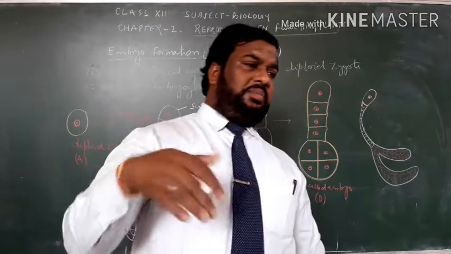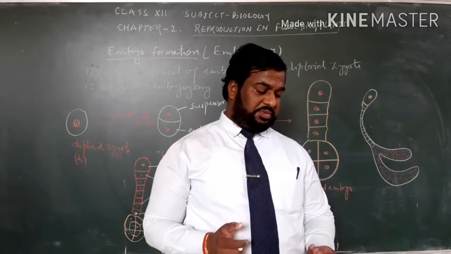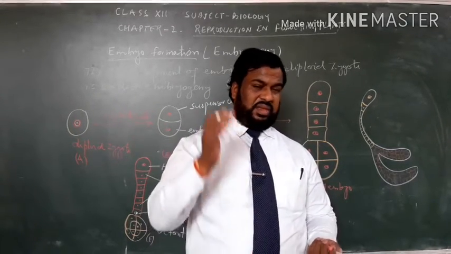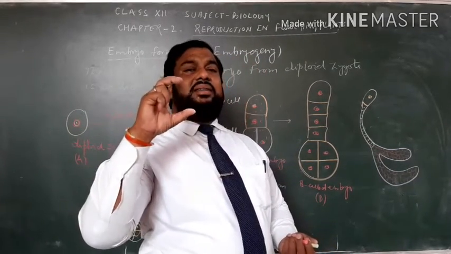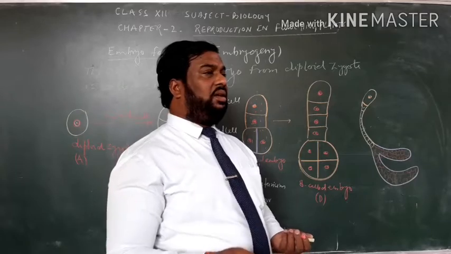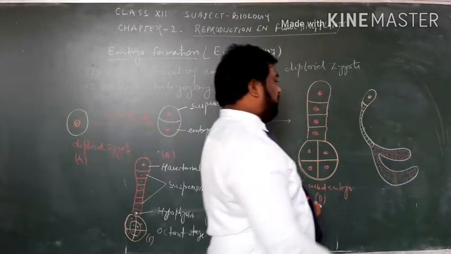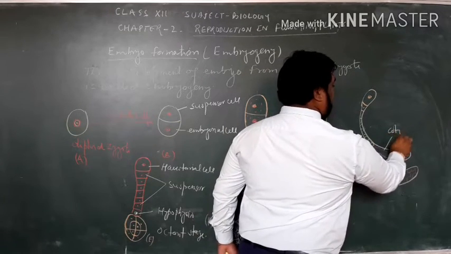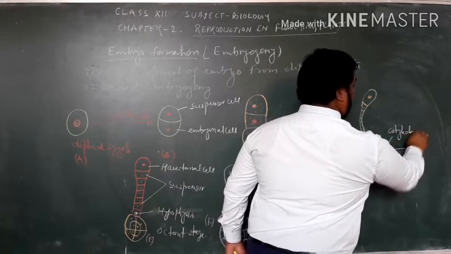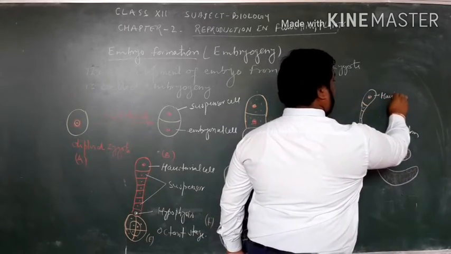After more and more development of the dicot embryo, it forms a heart-shaped structure. This heart-shaped structure has two cotyledons. So you have seen these are the cotyledons. This is the haustorium.